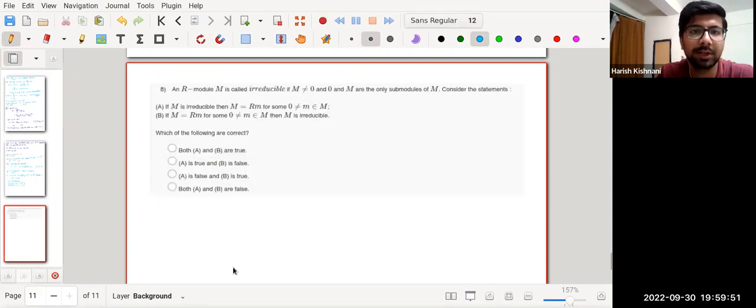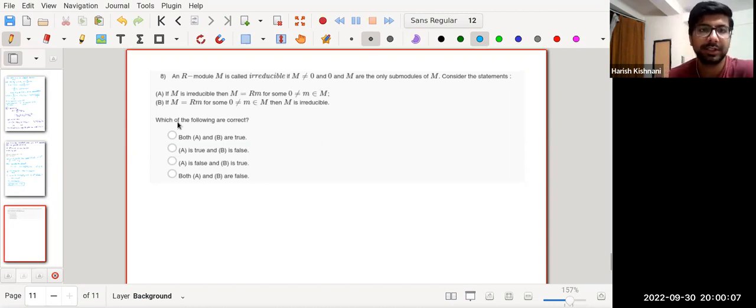B, if M is generated by a single element, then M is irreducible. We need to see which statement is correct.